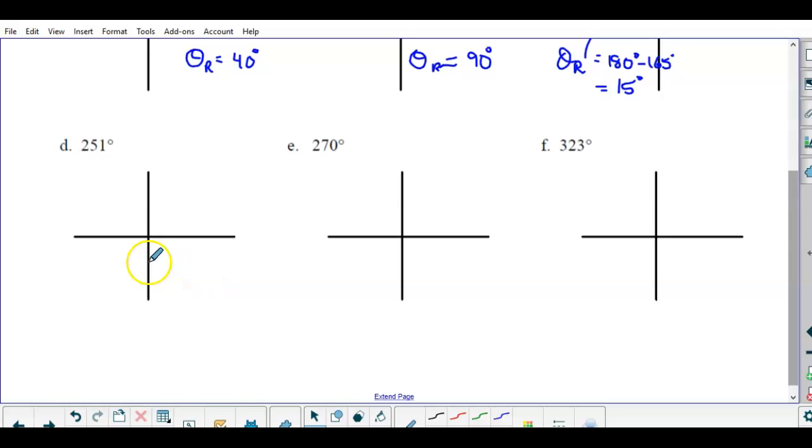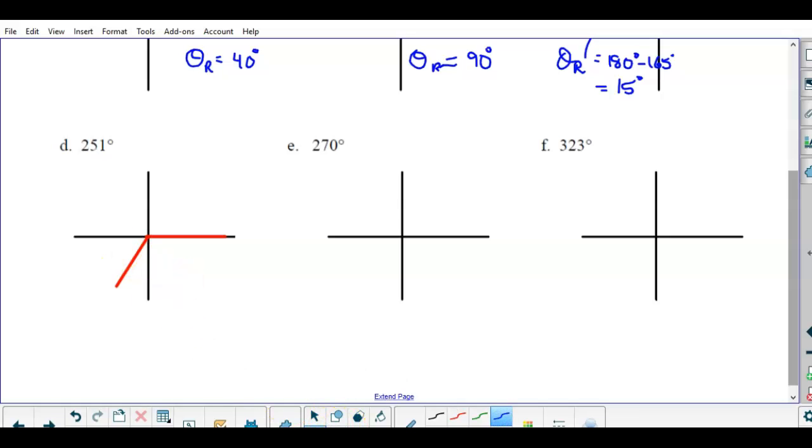Next one, 251. We start with the initial arm. That would be 90, that's 180, this is 270, so it's somewhere here. I'm going to start doing arrows, because I should have arrows on these.